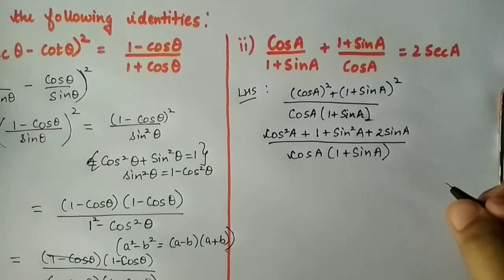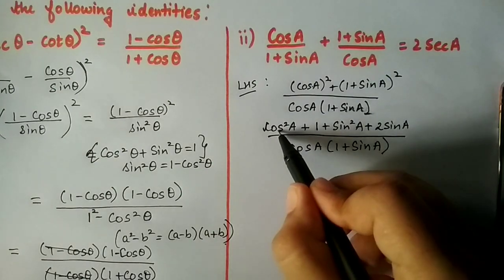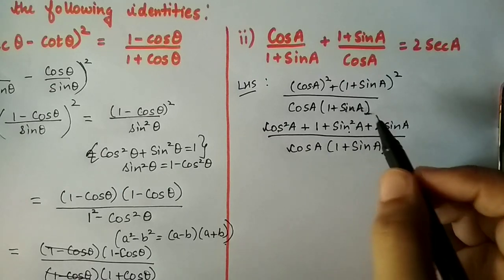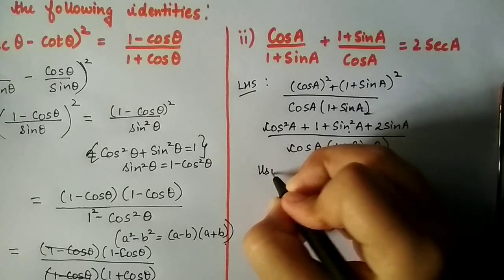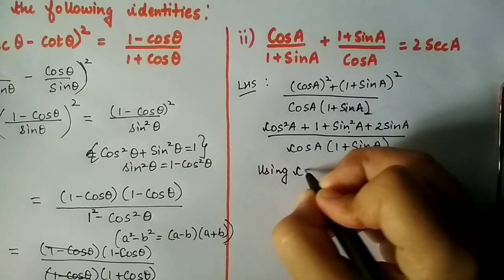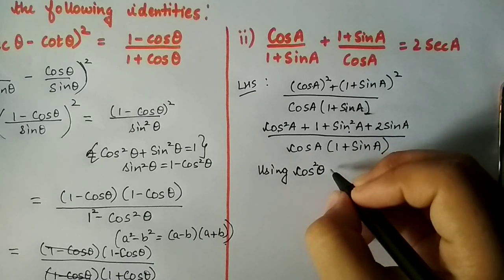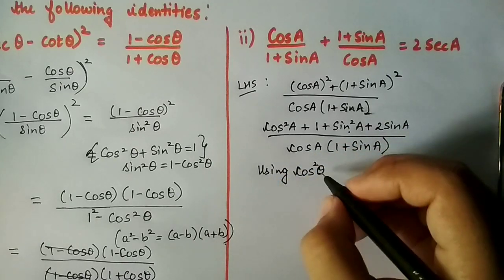Now see if you can apply some identity. In the numerator term you have cos square a plus sin square a, and you know the identity that cos square theta plus sin square theta is equal to 1. So using cos square theta, you have to always mention the identity in bracket, or like this you have to write that which identity you are using.